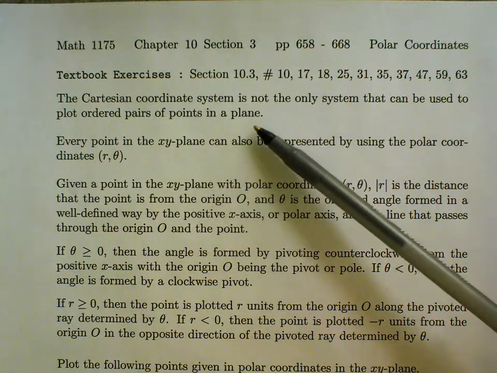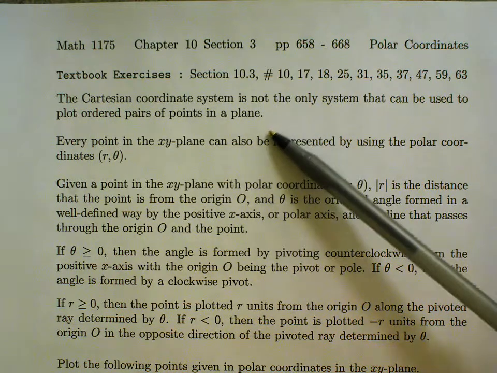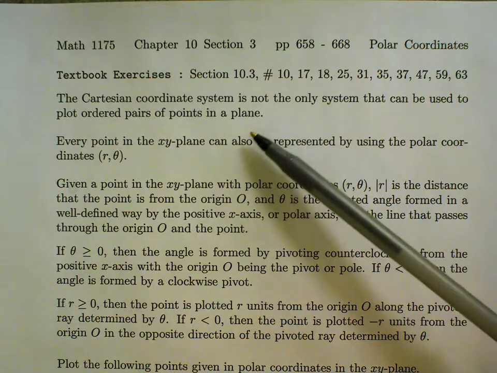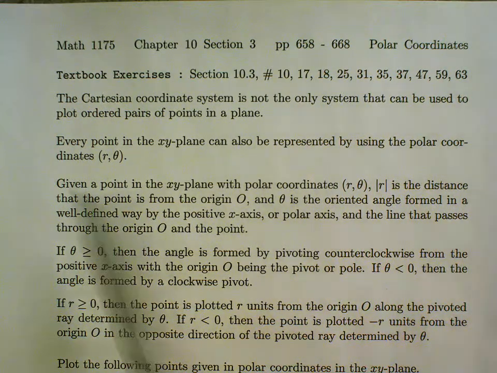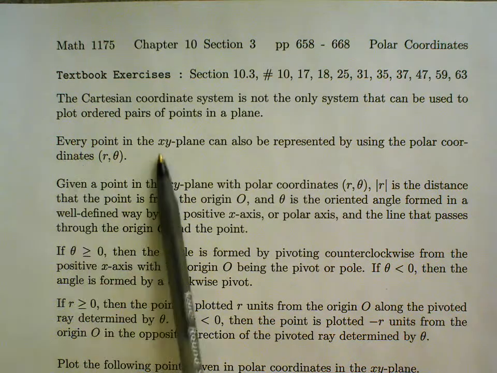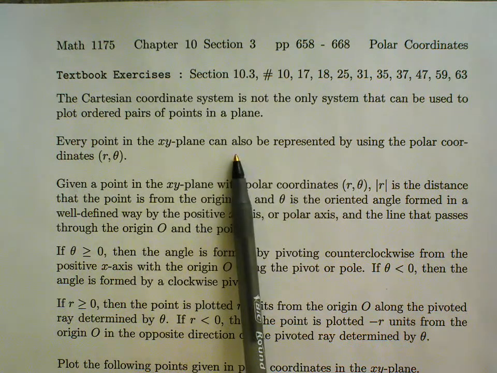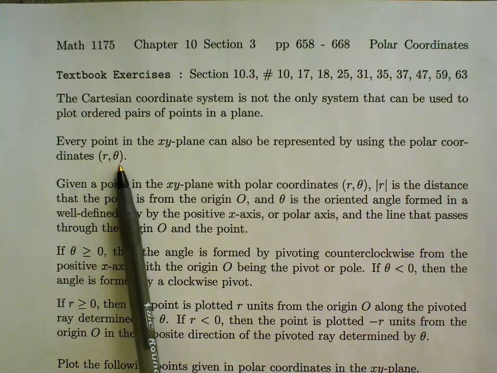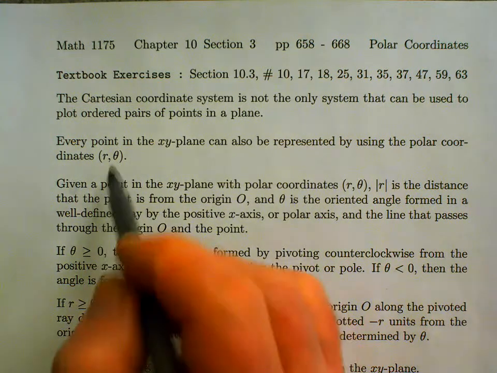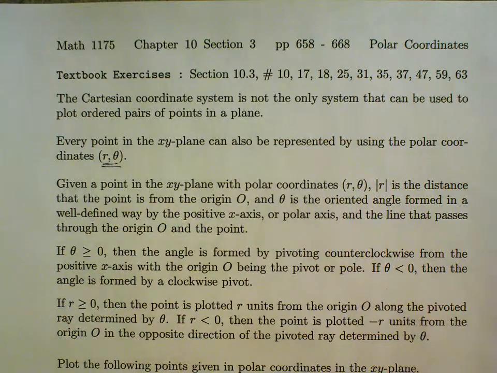And the first sentence: the Cartesian coordinate system is not the only system that can be used to plot ordered pairs of points in a plane. Every point in the xy plane can also be represented by using the polar coordinates r, theta. So this ordered pair r, theta represents a point in the xy plane.